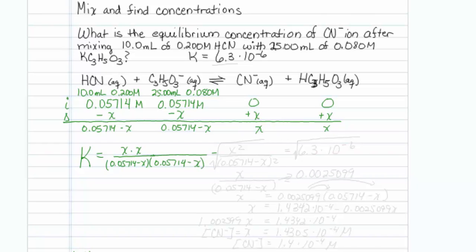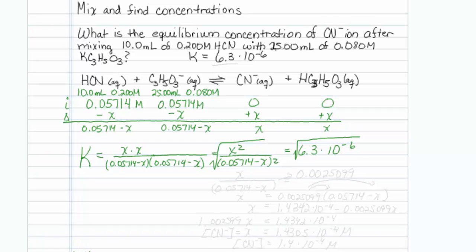Okay, which can be simplified as x squared over quantity 0.05714 minus x squared, and that has to be equal to my equilibrium constant of 6.3 times 10 to the minus 6.